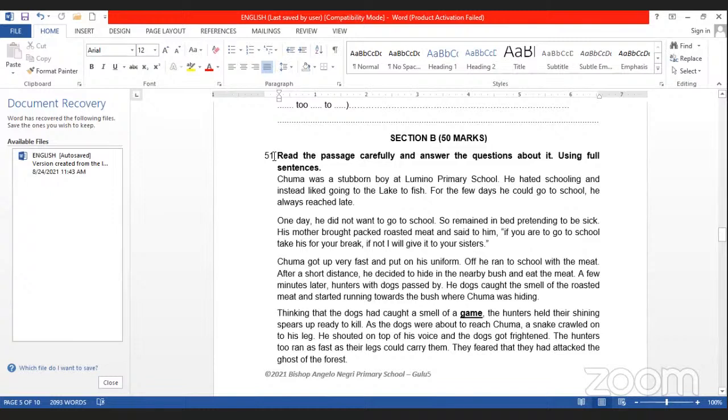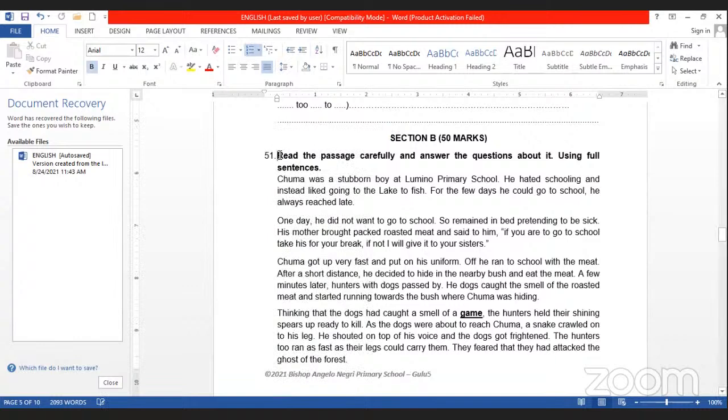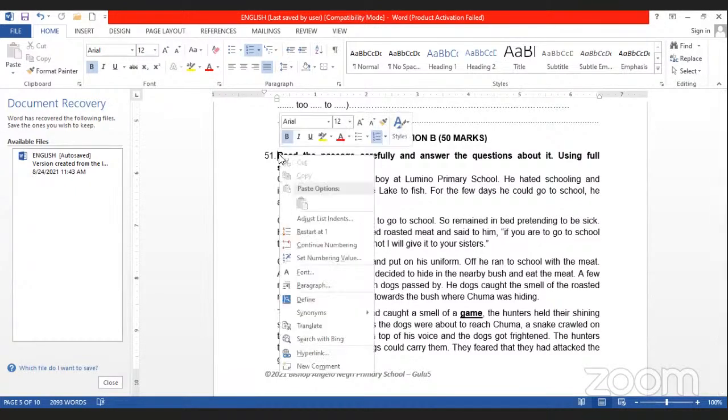Then click, left click. That left button. Yes. Then scroll coming down. Don't put it where number 51 is, where the letter R. Yes, there. Then click the left button on your where your cursor is.